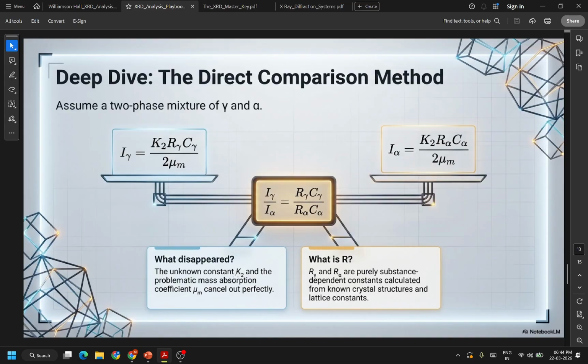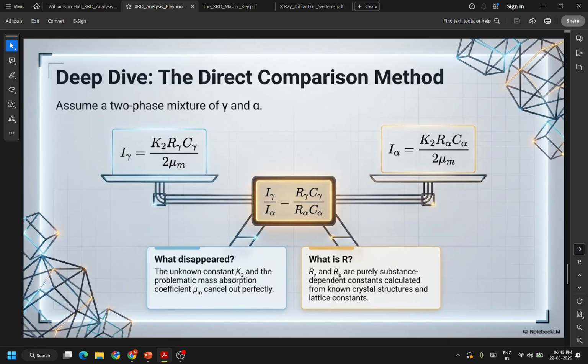So assume a two-phase mixture of gamma and alpha. Your I_γ would be K2 R_γ C_γ by 2μ_m, and I_α will be equal to K2 R_α C_α by 2μ_m. If you divide them, it becomes I_γ by I_α equals R_γ C_γ by R_α C_α.